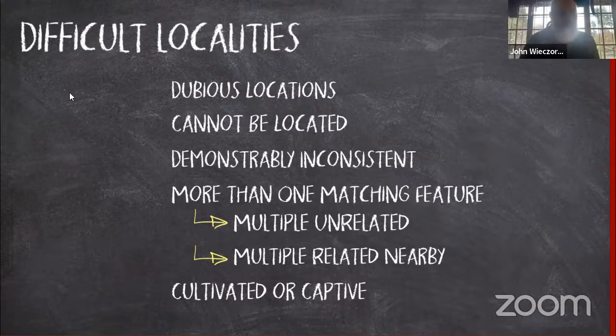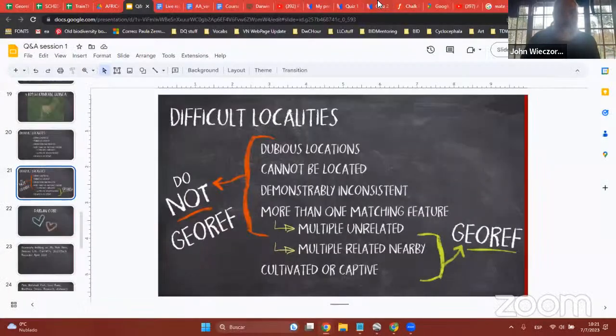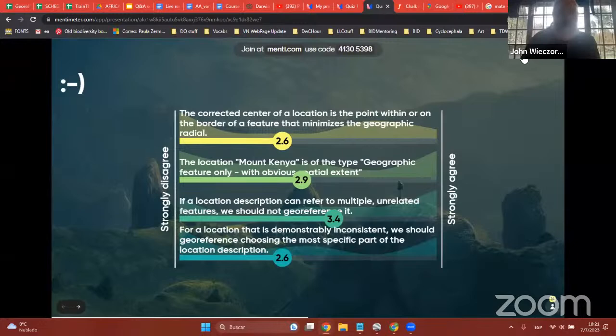Another thing that I wanted to say quickly, can you go back to the examples in the quiz? And that is the third question here. So the idea is to distinguish between unrelated features and related features.